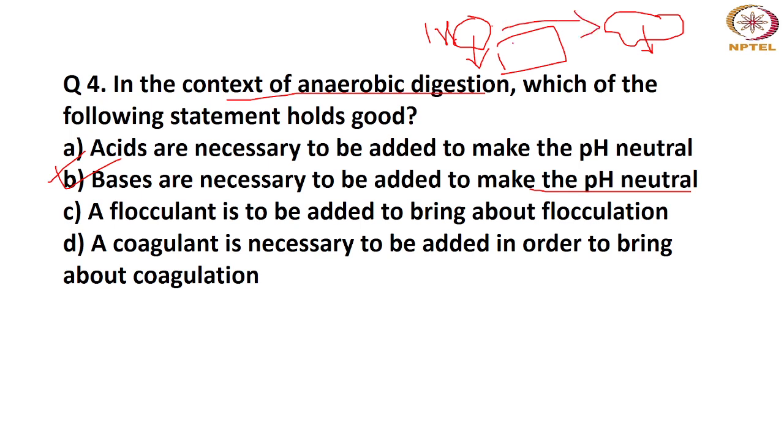So to maintain the proper neutral pH for the survival of the methane producing bacteria, we need to add bases. That is the fundamental thing behind this. We don't need to add acid because acids are already there inside the digestion tank.